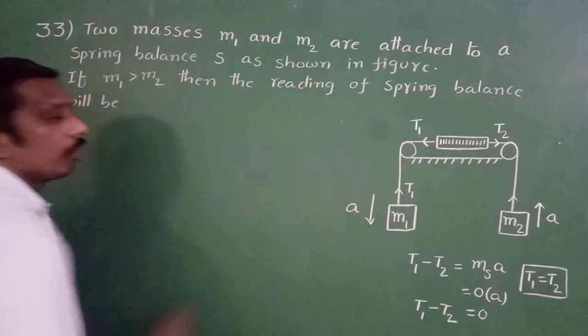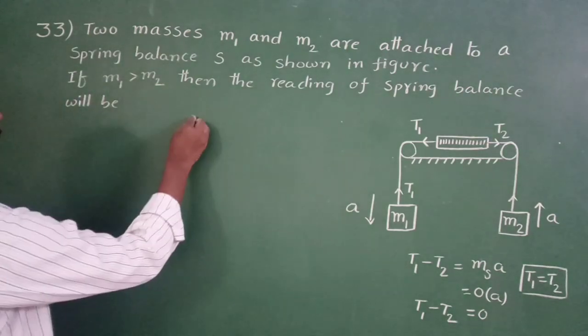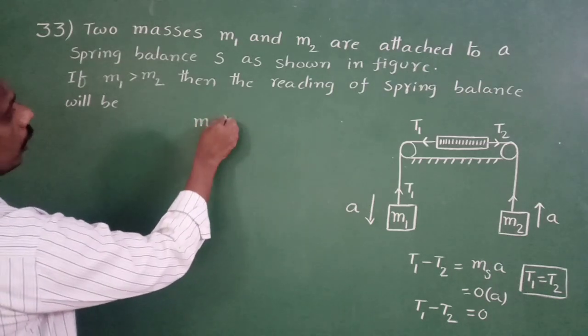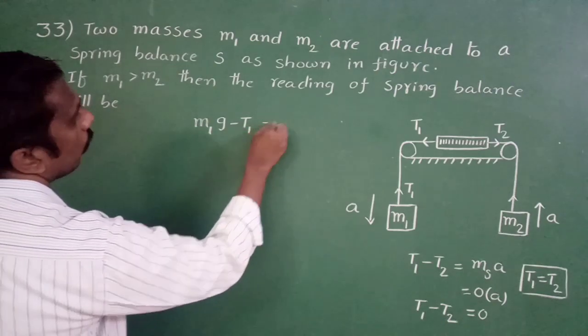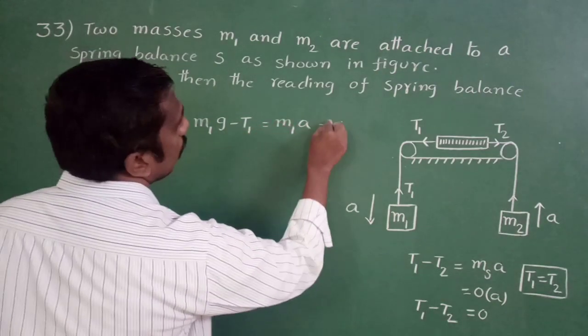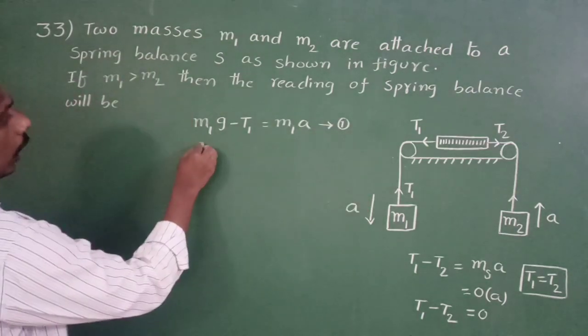Come to this block, write the equation. This block is moving in the downward direction. That means m1g minus T1 is equal to m1 into a. Say this is equation number 1. Come to that body.